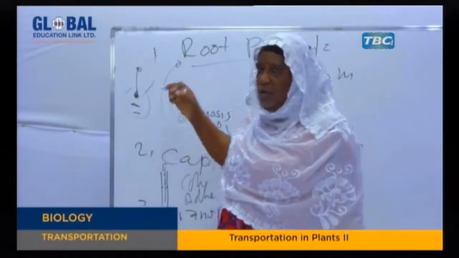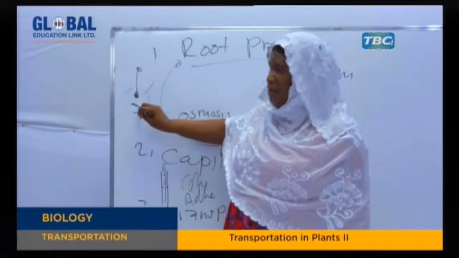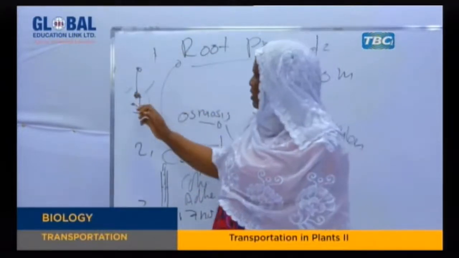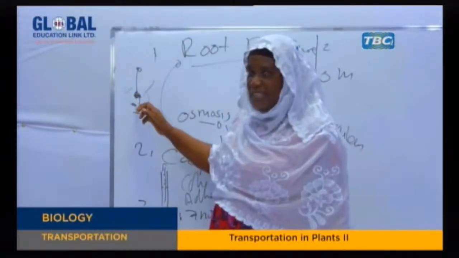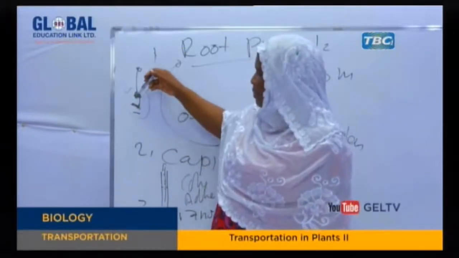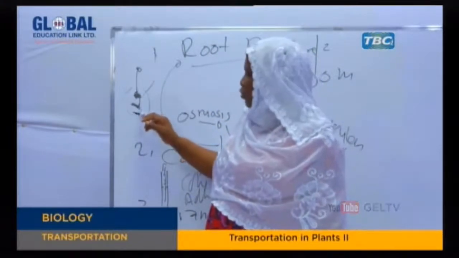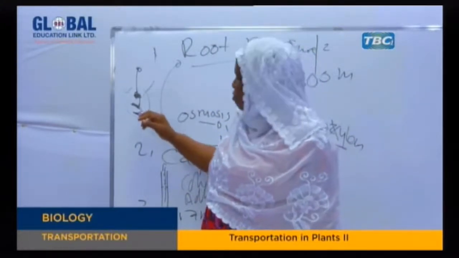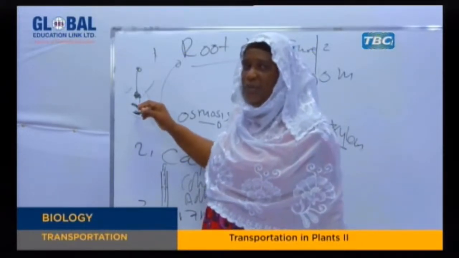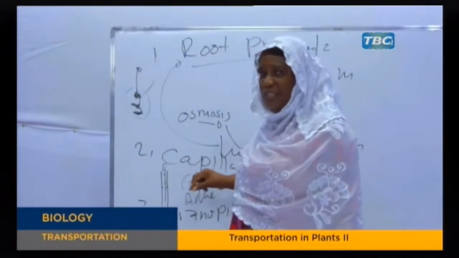Therefore, water will be drawn from here to this cell. And when this water molecule moves from this point to here, it makes another water molecule here to be pulled from this area to here. Because of what? Because of cohesion force.